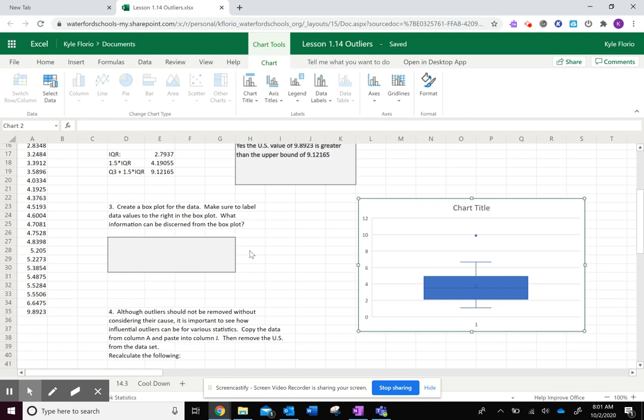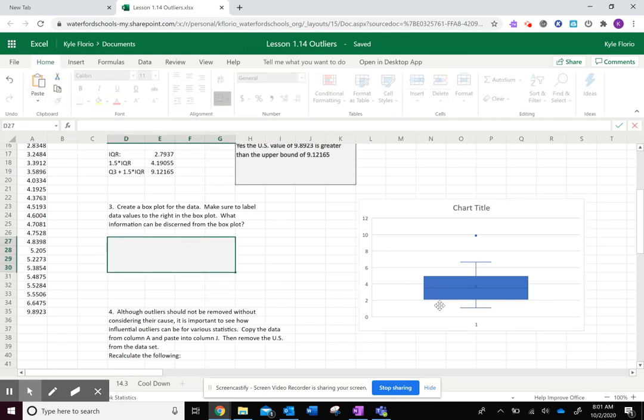Right now, one thing I want to say is what information do we get from the box plot? So we already knew we got the 5-number summary. We got the min, Q1, the median, Q3, and the max. But they took out that outlier. So what this tells us is it gives us the 5-number summary like normal, but it also calculates the outlier.